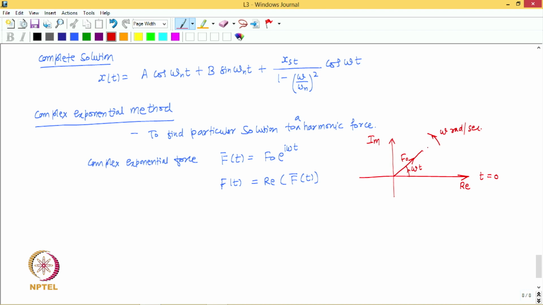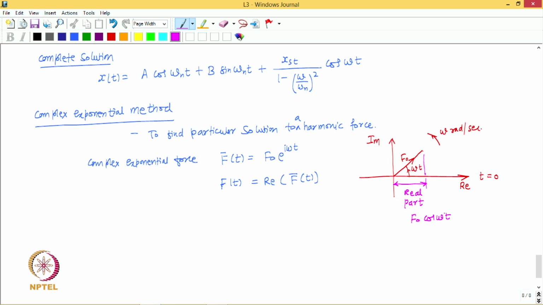Now, if I take the real part of this vector, which is this one, we can easily see this real part is F naught cos omega t.